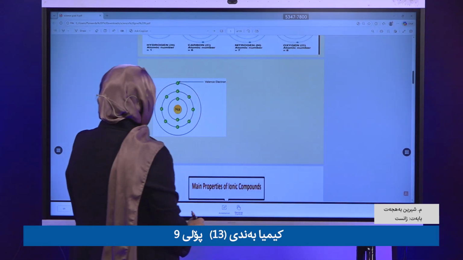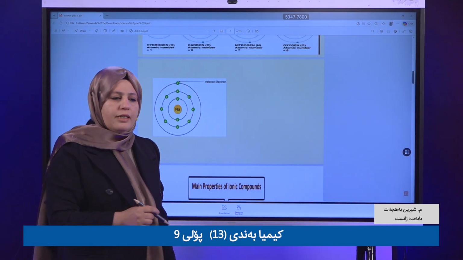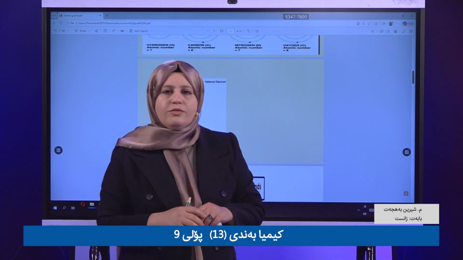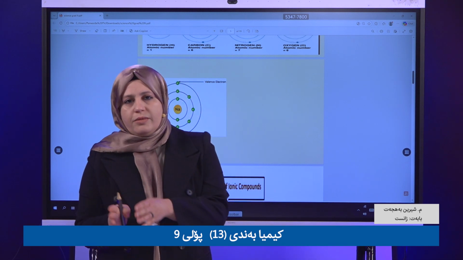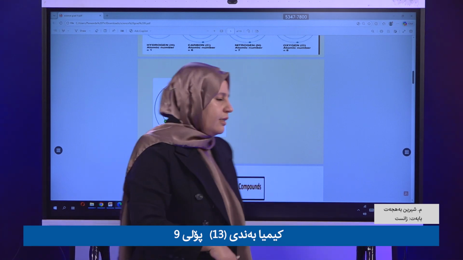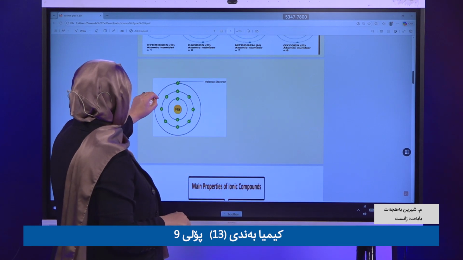Clear? So what are valence electrons? Because of valence electrons, atoms bond together and form chemical bonds, which tell us whether it is an ionic compound or a covalent compound.